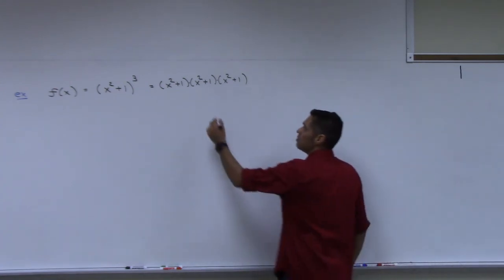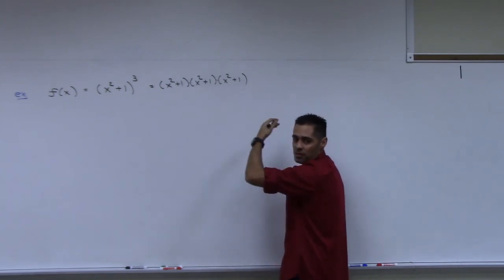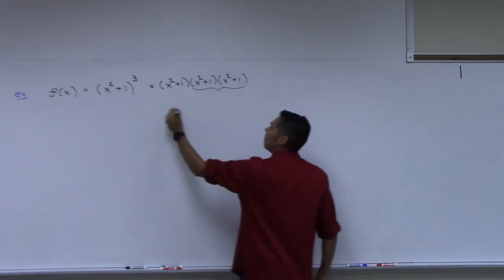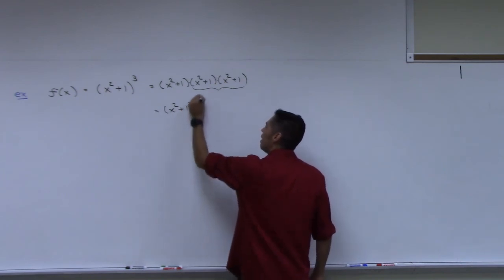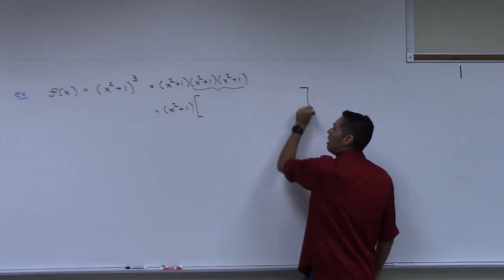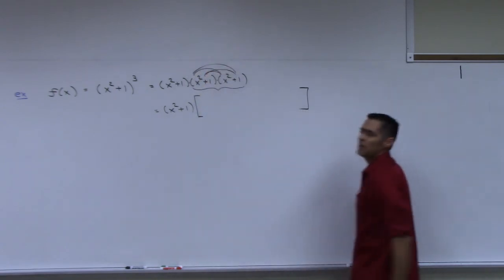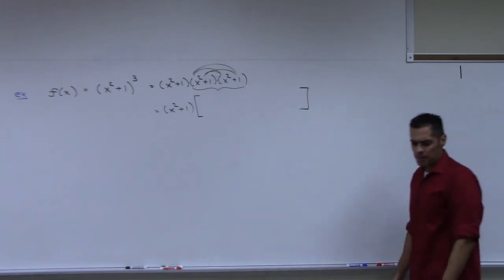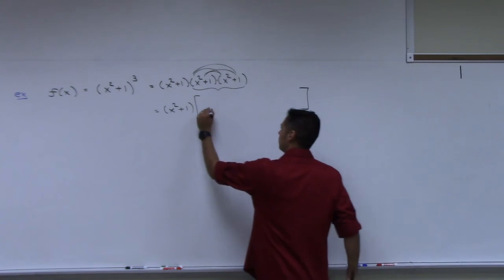So we still can't do this. So what we're going to do is multiply all these together. It's going to suck, but it'll get rid of all the parentheses. So I'm going to start by doing just these 2 first, and I'm going to leave the x squared plus 1 out here. Okay, so what happens when I multiply these 2 together? I have to do a FOIL, right? Don't I? So what's that first multiplication get me? X to the 4th.